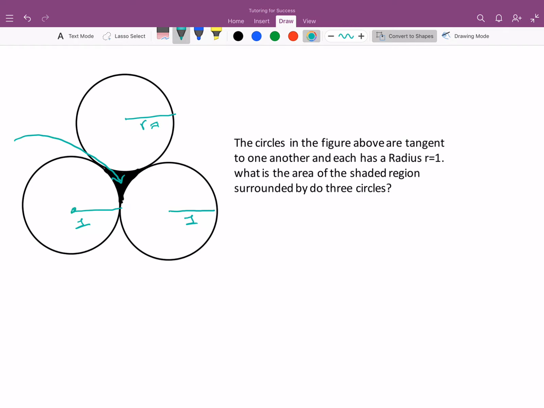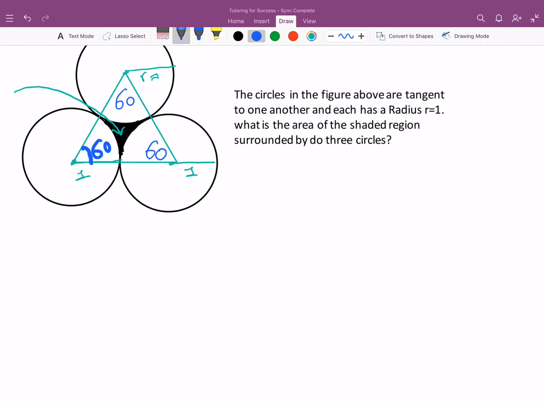If you connect each center, you'll nicely create a triangle, which is going to be an equilateral triangle. So basically, each angle in this triangle would be 60 degrees. So this angle is also 60 degrees. This is also 60 degrees. And we're going to need that angle later on.